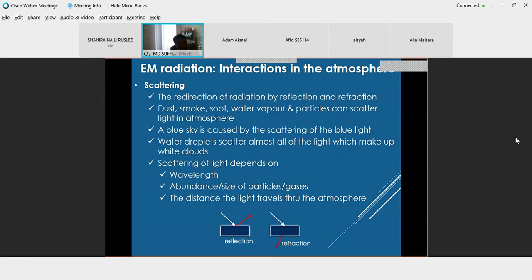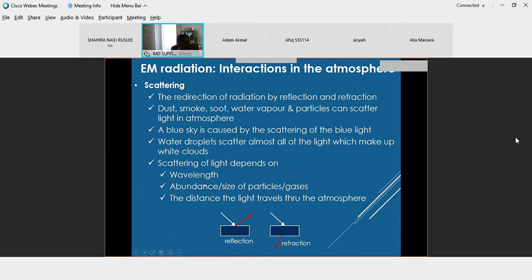So dia juga bergantung pada the distance of light travel through the atmosphere. That's why pada waktu pagi, waktu tengah hari dan juga waktu petang, you boleh nampak langit dia akan reflect different light. Waktu petang you nampak dia lebih warna merah. Sebab apa? Sebab dia dah reflect ke semua blue wavelength, dan yang tinggal adalah cuma red wavelength.